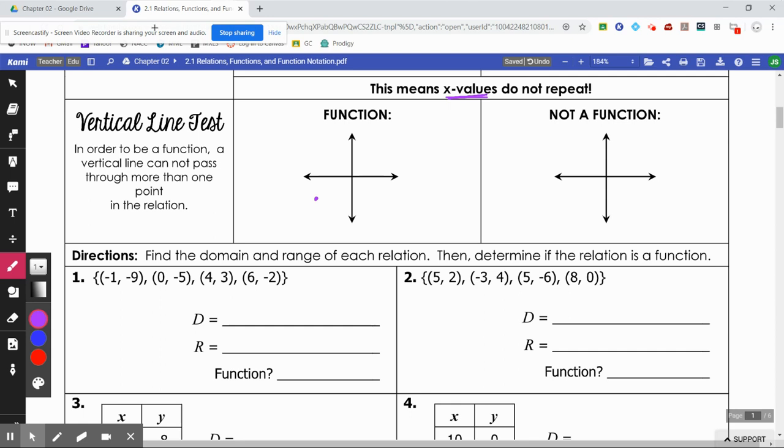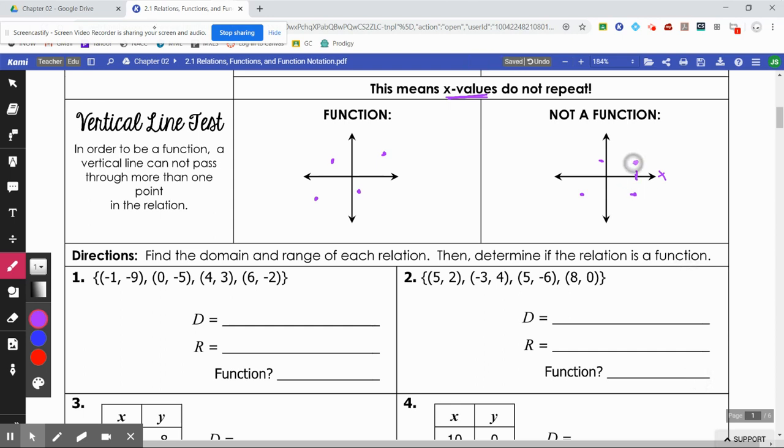If this x value is paired with only one y value, this x value is paired with only one y, something like this would be a function. However, as soon as this happens, watch this. Think about this x value right here. Because this is the x-axis, if I were to ask you what this x value is paired with, well, if you go up to the graph, it's paired with this y value, but it's also paired with this y value.